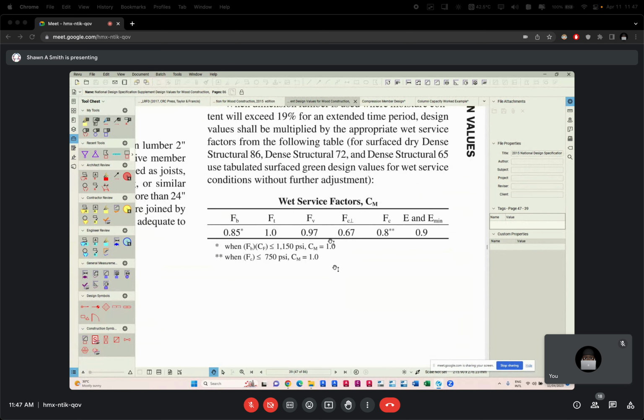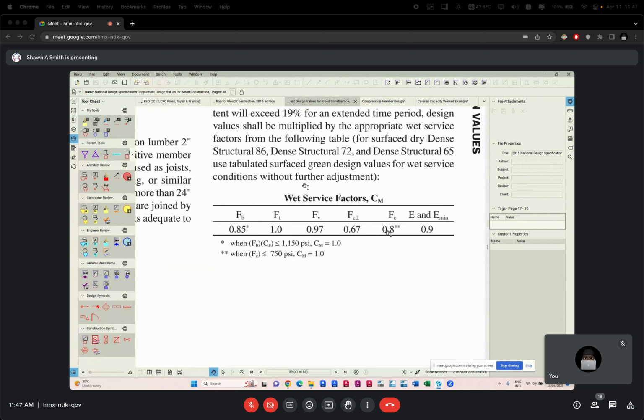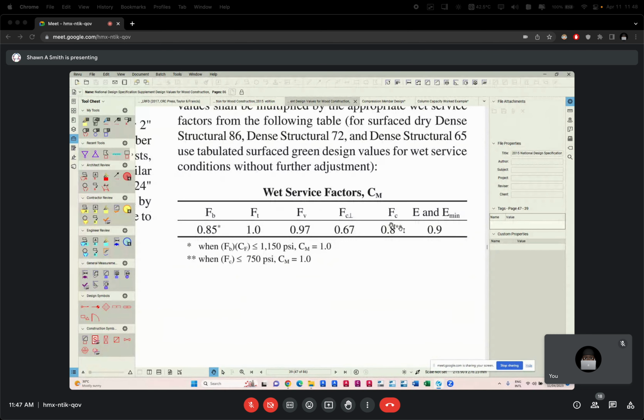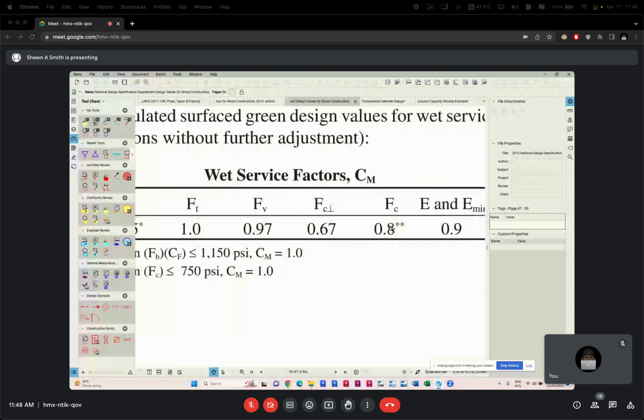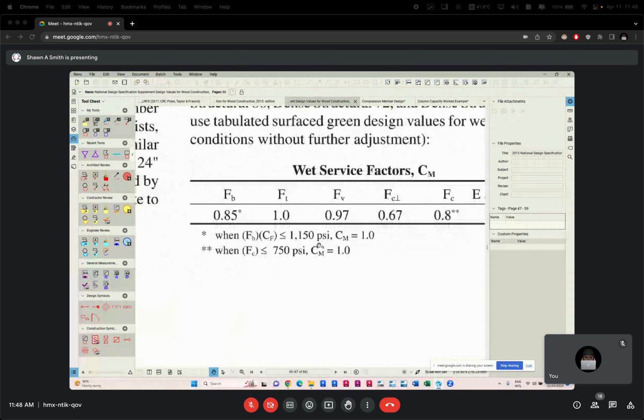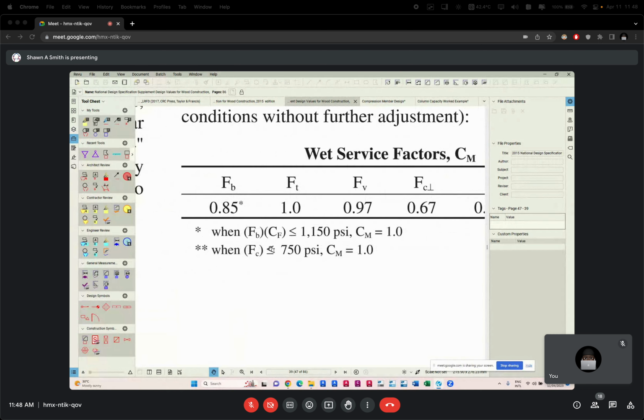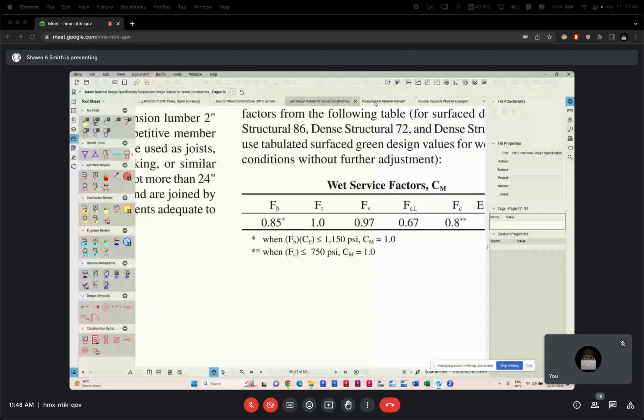Yes, sir. Right. I'm saying that by this table, the wet service factor for compression parallel to the grain has a default value of 0.8. But that default value attracts other conditions. It has two asterisks, therefore I should go where the two asterisks are. It says that when FC is less than or equal to 750 psi, the CM should attract a value of 1.